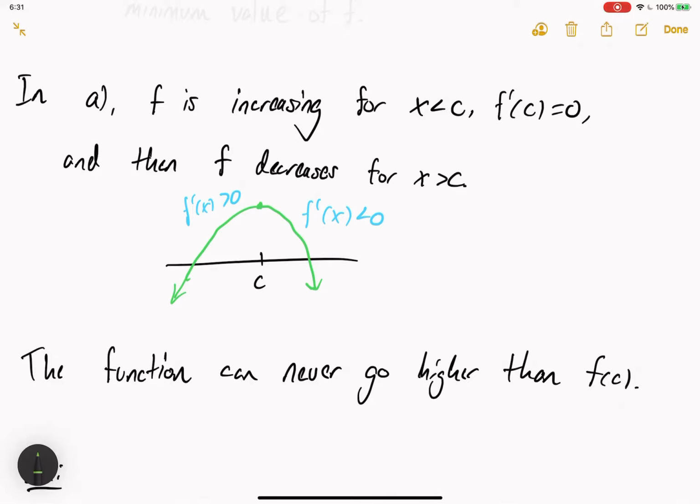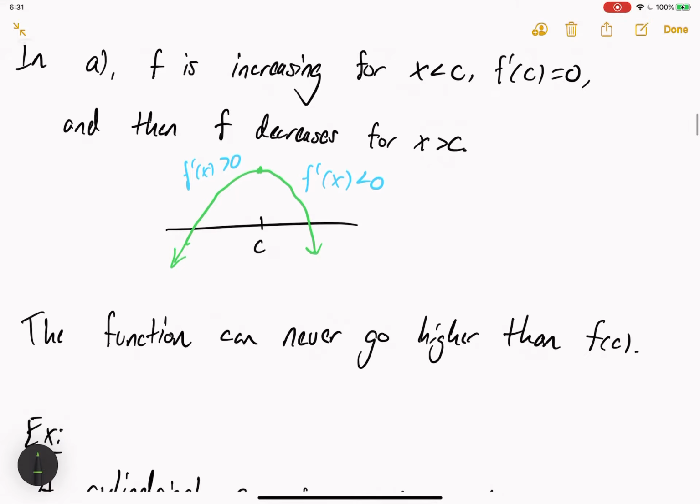We can use this on any closed interval, so we could cut it off here and here, or here and here. Basically, if you're working on some space and your derivative is always positive, you go up and up, until eventually it stops being positive once you get to that critical number.